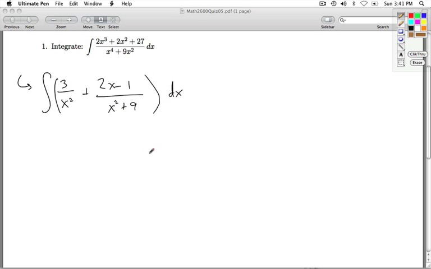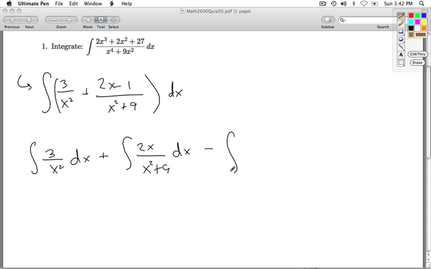dx. I can split this to the integral of 3 over x squared dx plus the integral of 2x over x squared plus 9 dx minus the integral of 1 over x squared plus 9 dx. This is a Calc 1 integral. This is negative 3 over x.